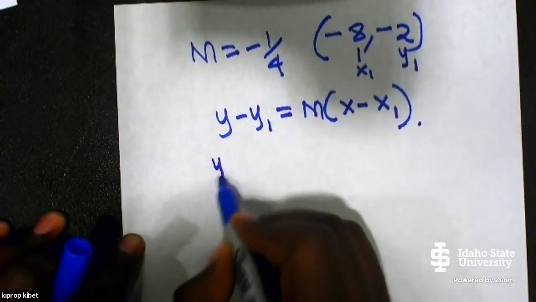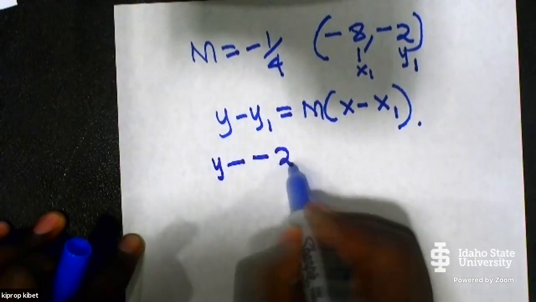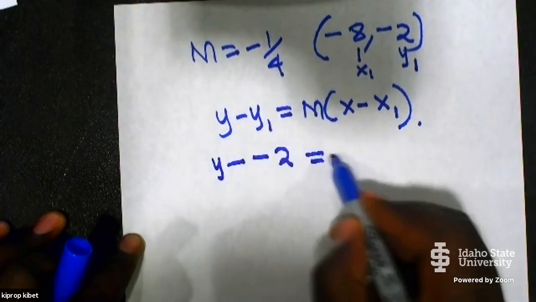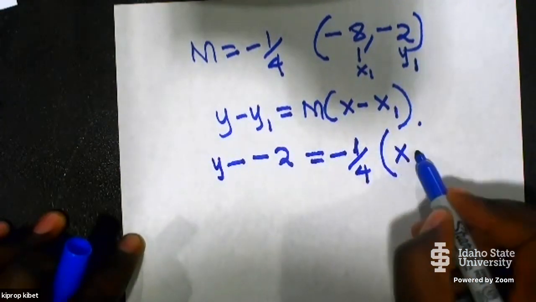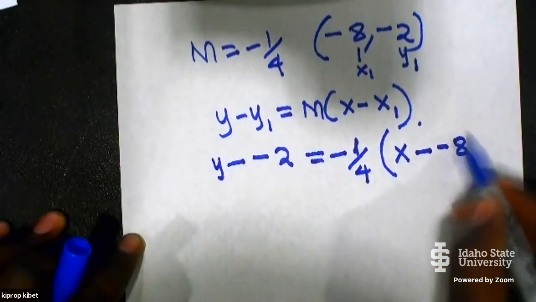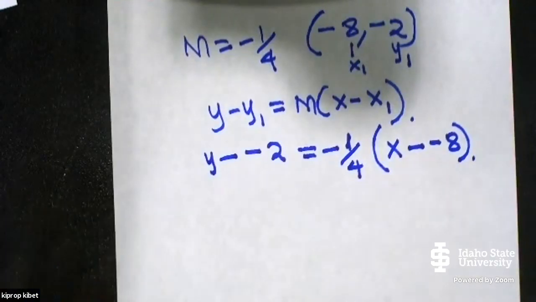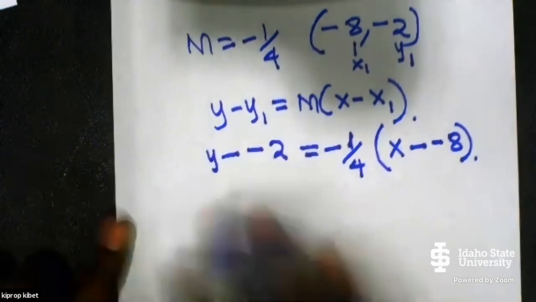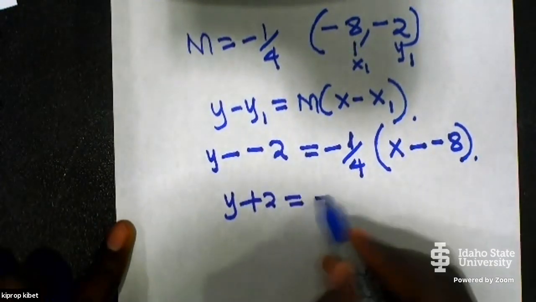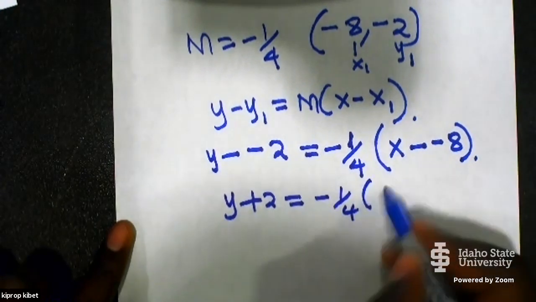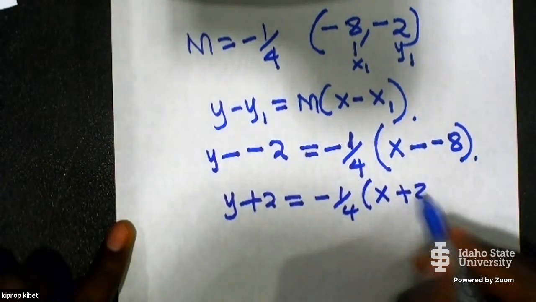So y minus minus 2 equals m, minus 1 over 4, times x minus minus 8. So y minus minus 2 is y plus 2 equals minus 1 over 4 times x plus 8.